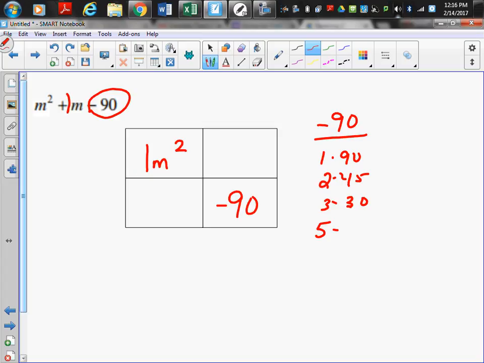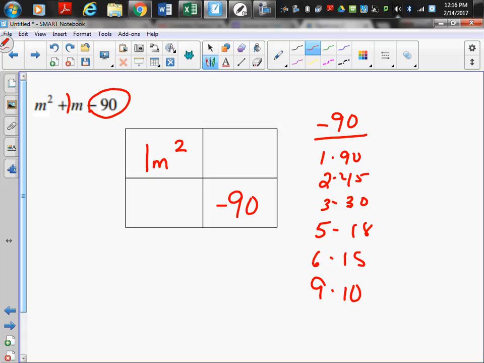Yep. 6 work? Nope. 6 times 15, 7, 8, 9, 9 times 10. Alright, so I have my factors.